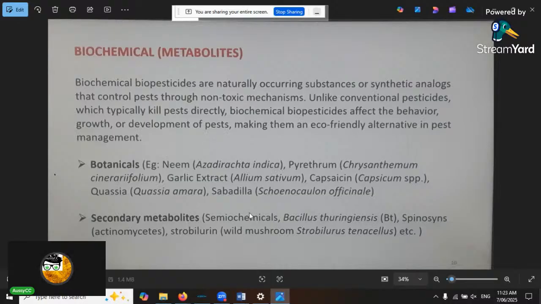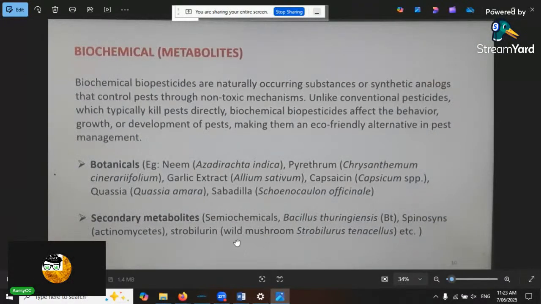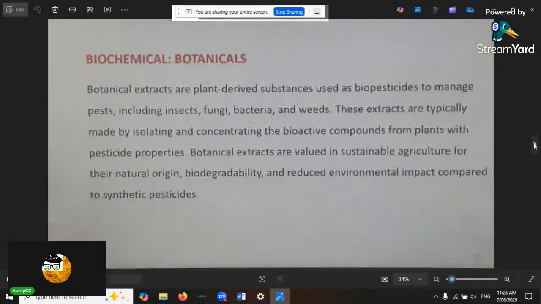Secondary metabolites produced by Bacillus thuringiensis, and wild mushrooms, strobilurin.